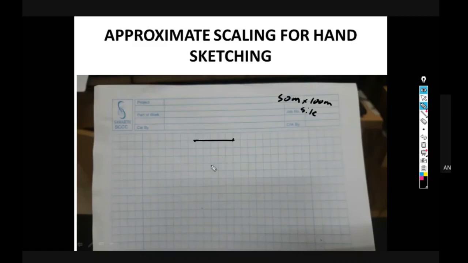I want to draw it on the paper by hand sketching. 1, 2, 3, 4, 5. This is my 50 meter. 1, 2, 3, 4, 5, 6, 7, 8, 9, and 10. Now this is my right. Mind me, I'm using this digital pen, so it may not be correct. So this is my 50 meters by 100 meters, and it looks correct, right?